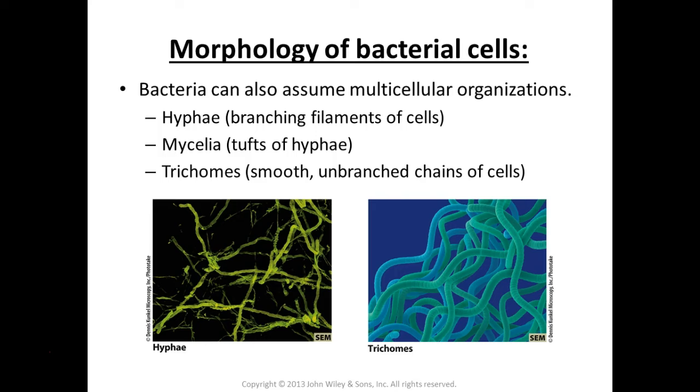And so again, when they grow to large numbers, they look like a mycelia. They look like that mass of fungi that you can see even with your eyes when mold is growing, right? So when you see mold on your bread or your cheese, you're seeing the mycelium or mycelia.